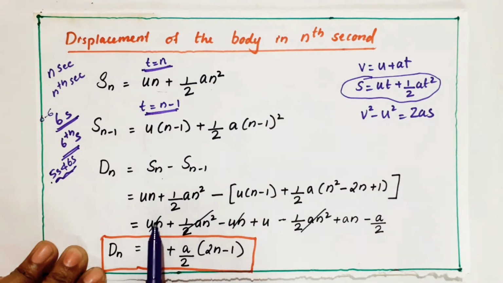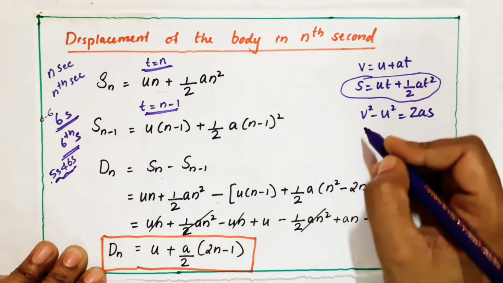Open the bracket: un plus half a n square minus un plus u. Multiplying inside, I got half a n square plus a n minus a by 2. Un minus un cancel. Half a n square minus half a n square cancel. The rest term is dn equals u plus a by 2 into 2n minus 1.